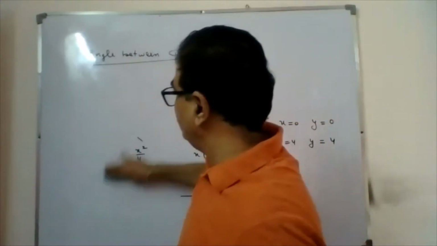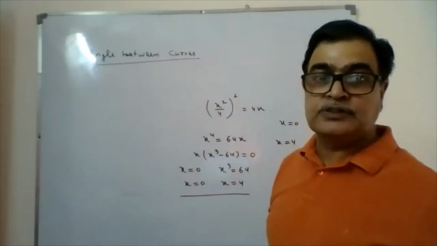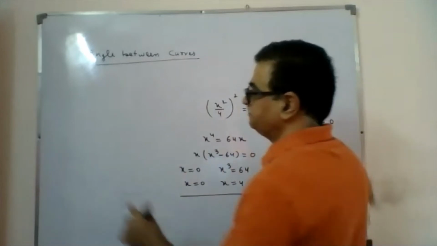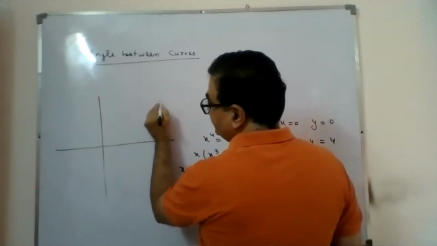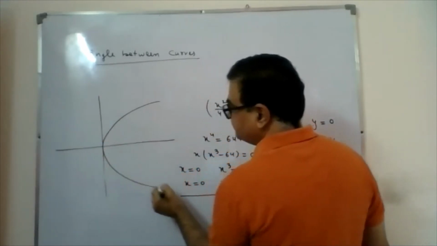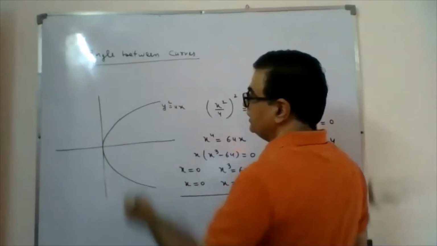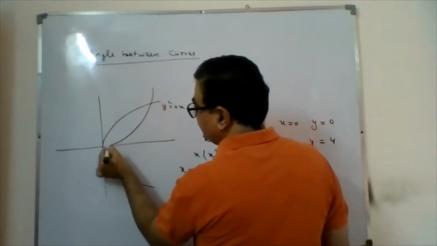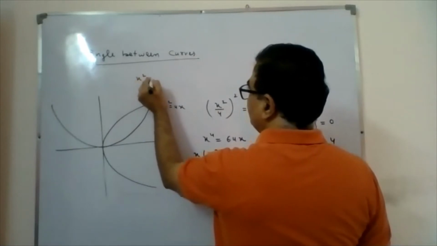If you remember, x squared equals 4y and y squared equals 4x were two parabolas. If you remember, these curves ran like this. This was the first curve, y squared equals 4x, and another curve was like this. That was x squared equals 4y.